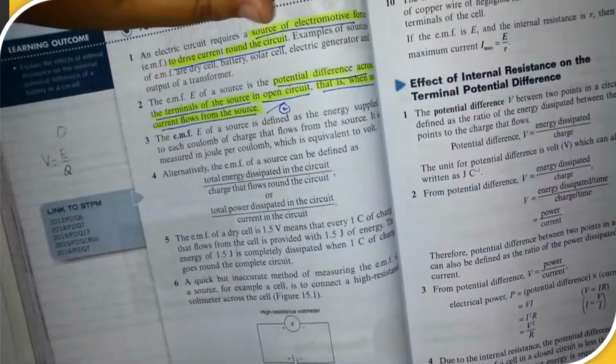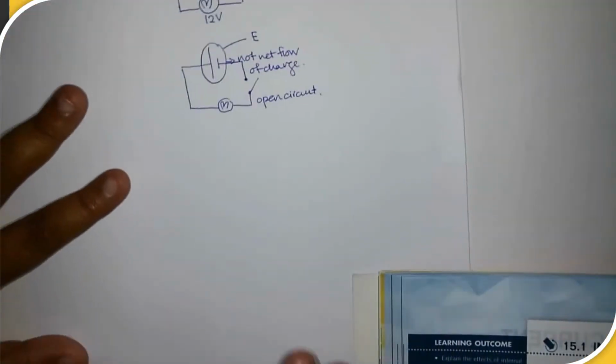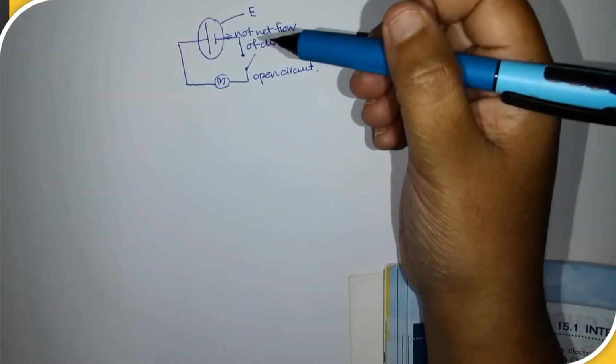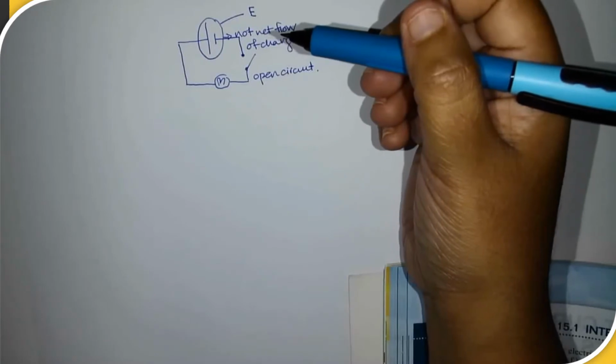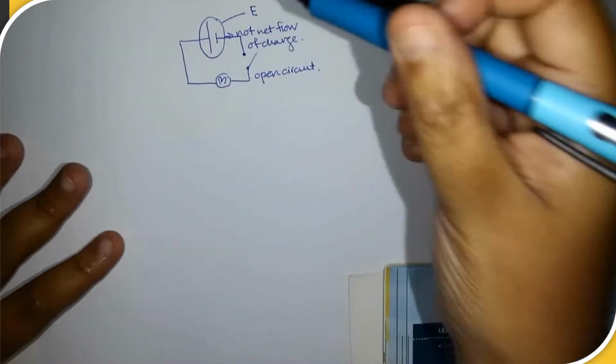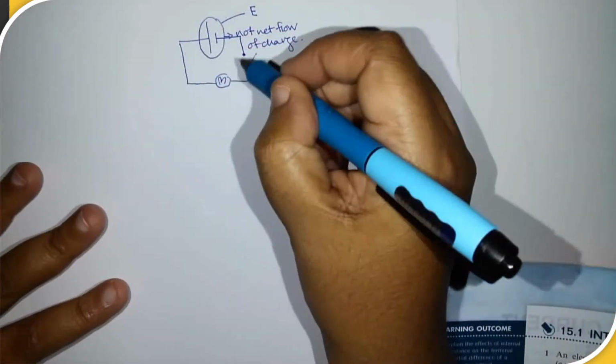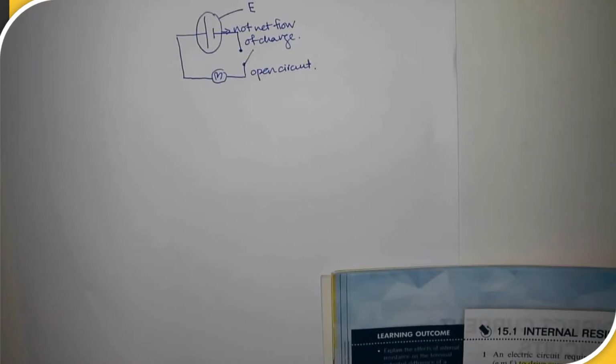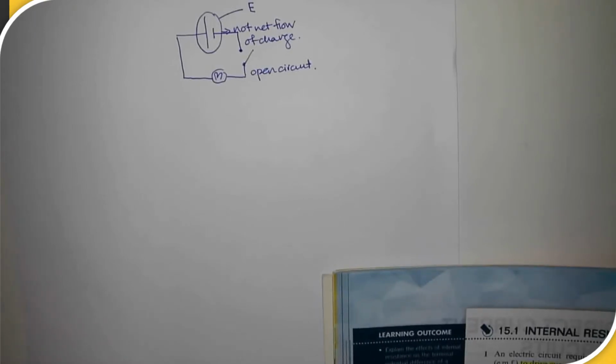In my diagram, an open circuit means the switch is open. When the switch is open, no current flows, and the potential difference across the terminals of the source is the EMF of the source.